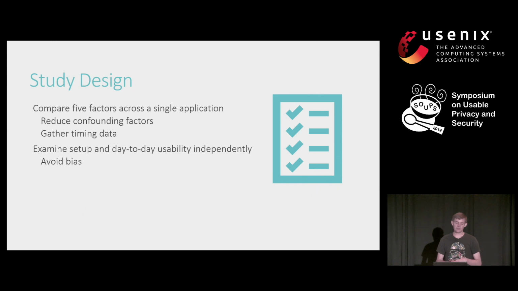The second thing we did is examine the setup and day-to-day usability independently, which is something that Reynolds et al. did when studying YubiKey, and the same way that Simon did in the talk we just heard. This helps avoid bias. If a user has a really poor setup experience, they're likely going to rate the day-to-day usability much lower.